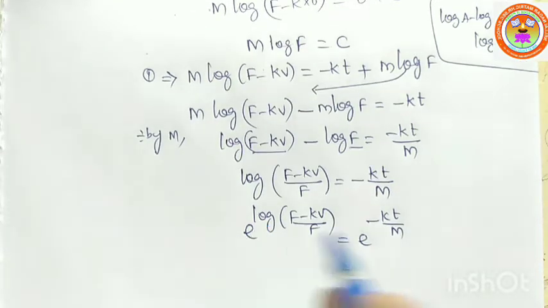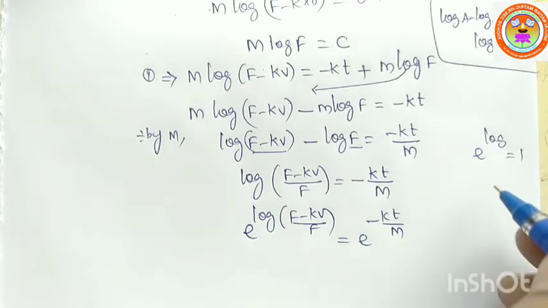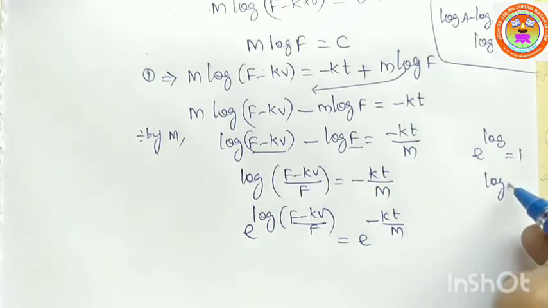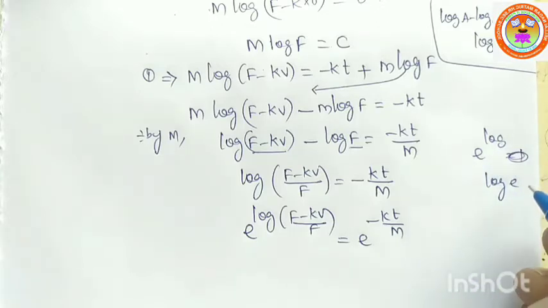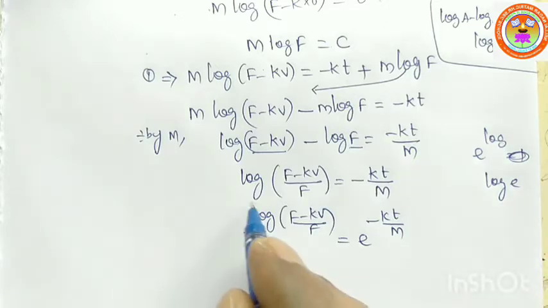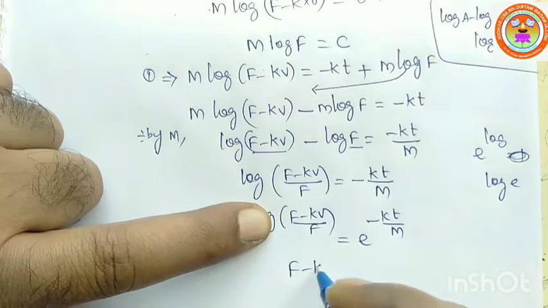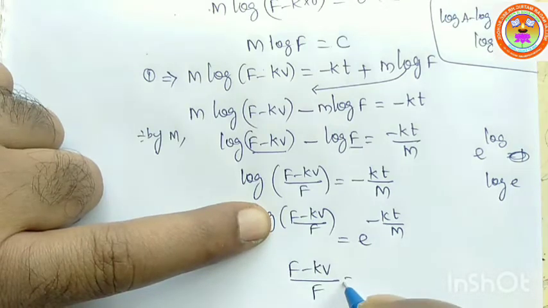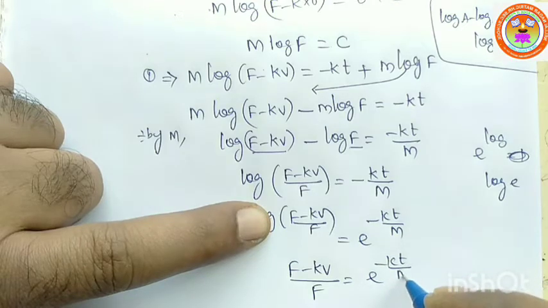E power log is getting cancelled, so it will become 1. So what is the remaining term? f minus kv by f is equal to e power minus kt by m.